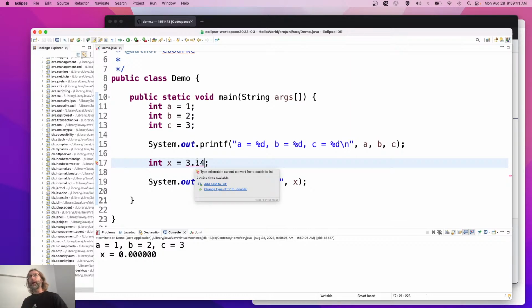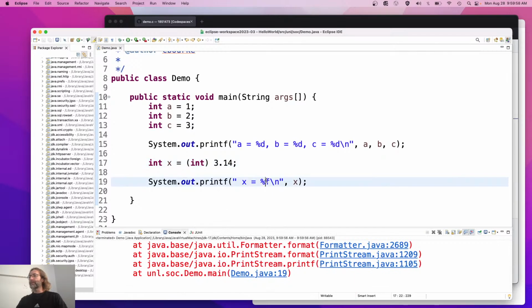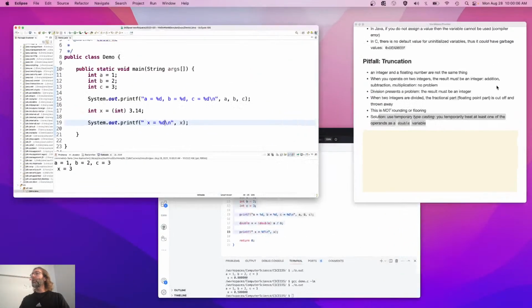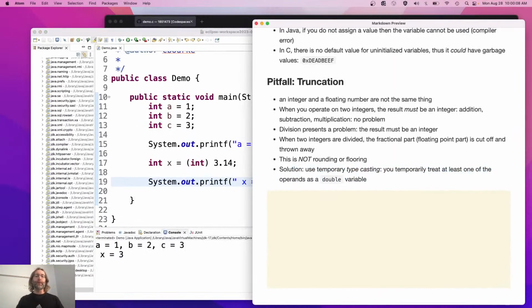I'm not going to let you compile until you resolve this. Okay, fine. What I'll do is put an int in front of it, because I want to force it to become an integer. Then truncation will occur, and there we go, 3. So you do have to be careful when you are mixing these types. That is a pitfall. Okay?